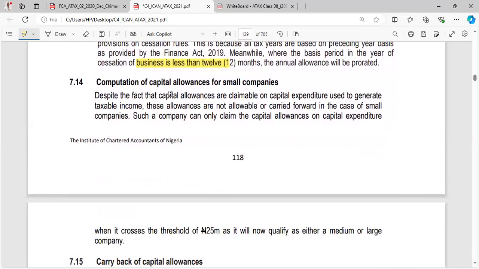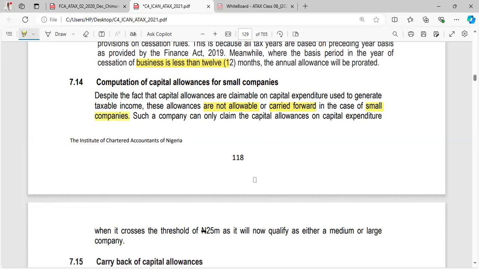Now, computation of capital allowance for small business. They say despite the fact that capital allowances are claimable on capital expenditure used to generate taxable income, these allowances are not allowable or carried forward in the case of small companies.